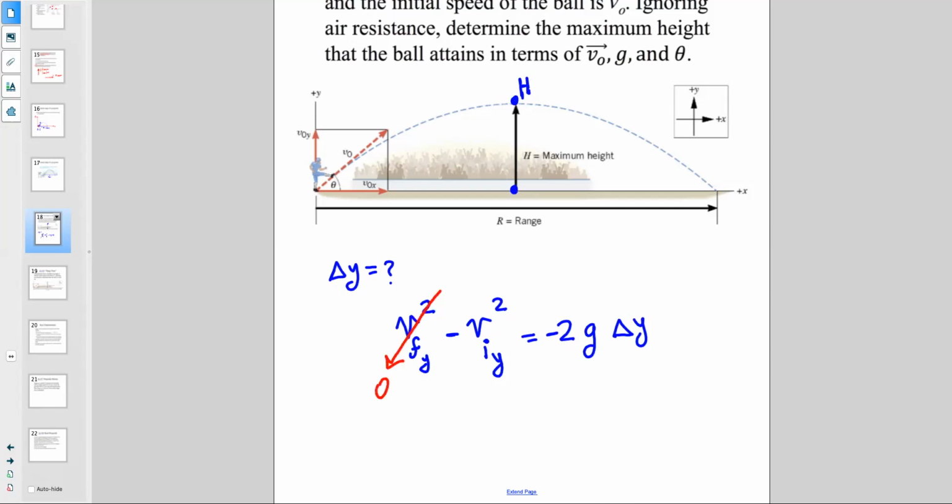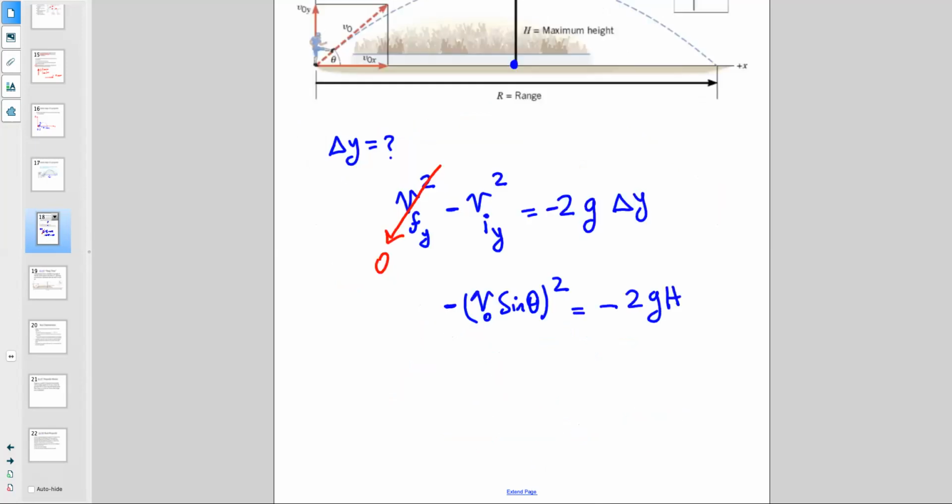Initially, it was v0y, which is v0 sine of theta, squared, equals negative 2g, and delta y is just the height of that point, because it starts from 0 and goes to that point, which I'm just going to call h.